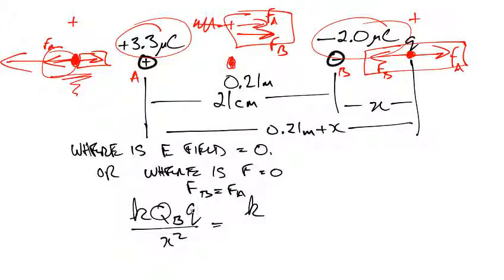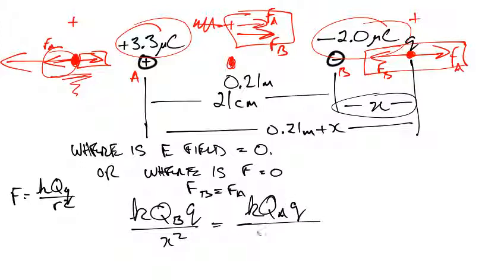It's kQB times Q divided by x squared. And this comes from the equation force equals kQQ all over r squared. And there's my r, it's x. Here it is. So then this next one would be kQA times Q divided by 0.21 plus x squared.